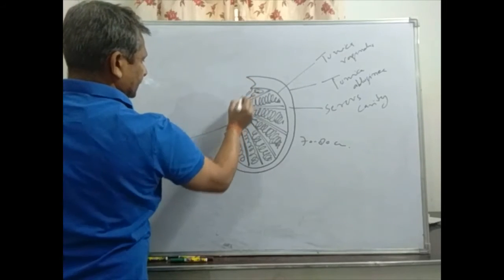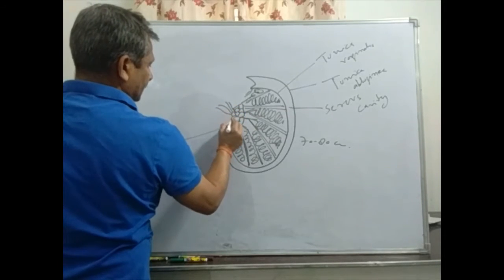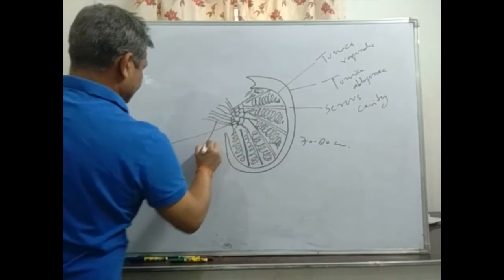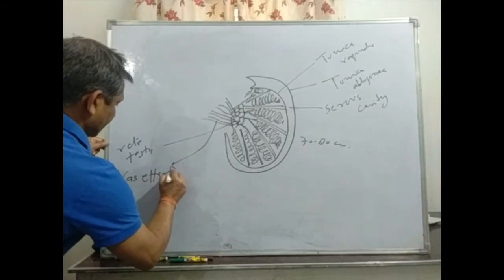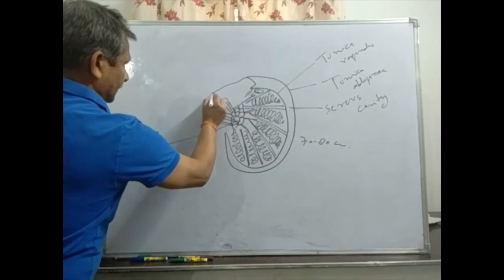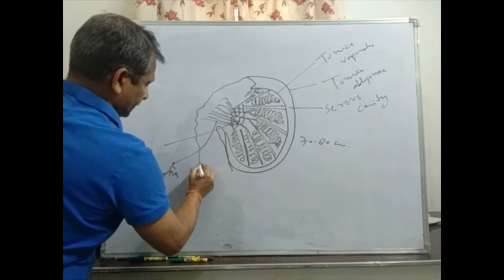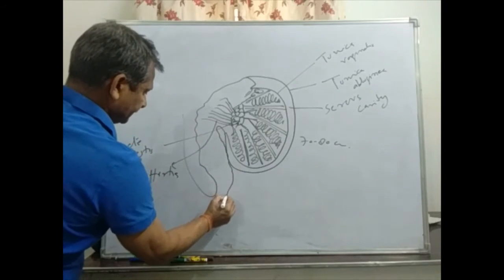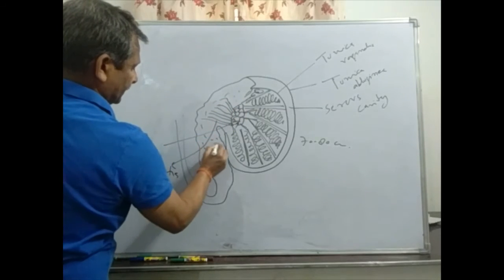And these reticular structures form the vasa efferentia. Vasa efferentia. And they again open in a broad structure.